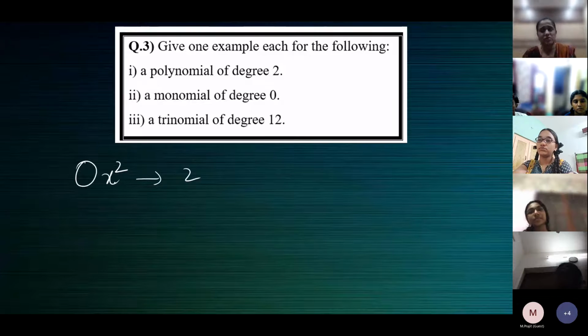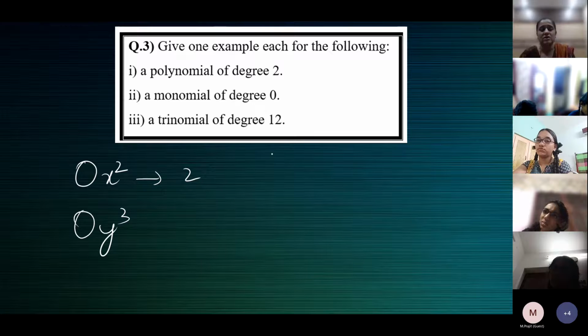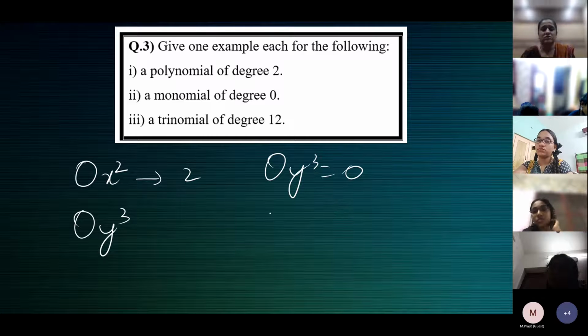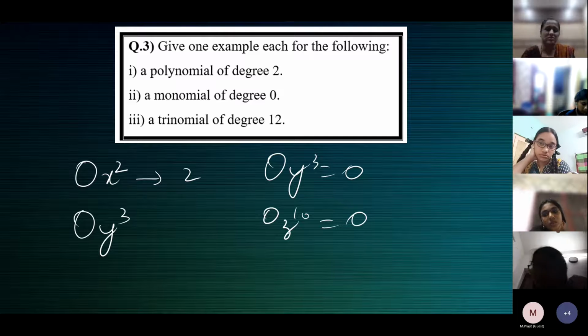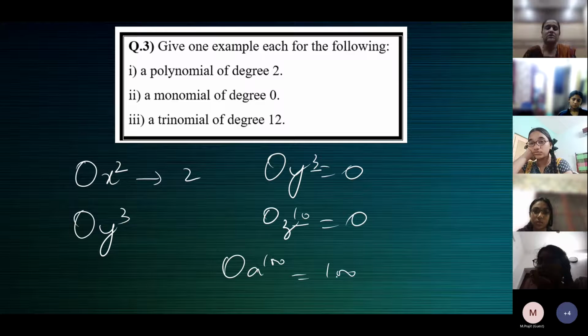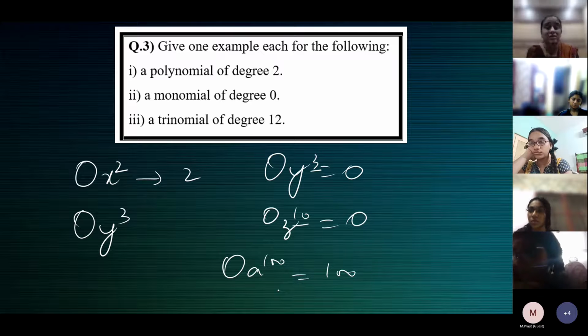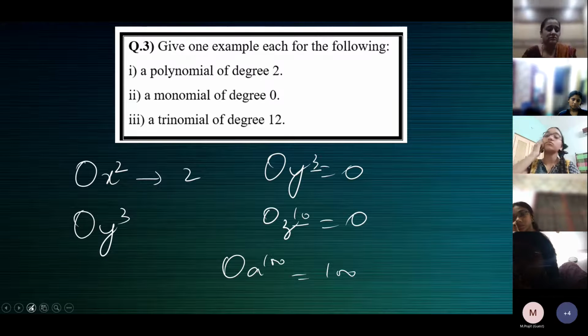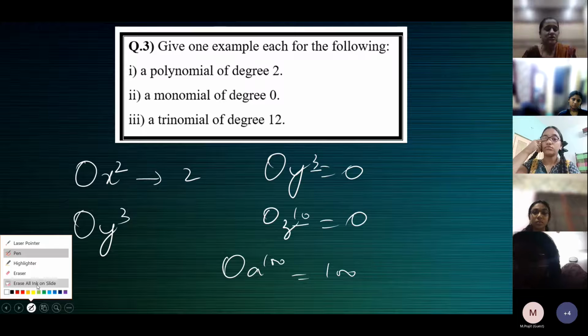Anything with 0 is 0 only. You can write 0 as 0y to the power 3, or 0z to the power 10. You can write 0 in so many ways. One will say 3, one will say 10. Somebody will write 0a to the power 100 and say the degree is 100. So you cannot get a unique answer from all of you. That means the degree of 0 is not defined. So 0 is not an example.